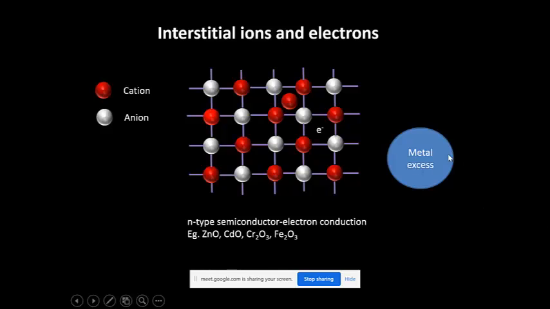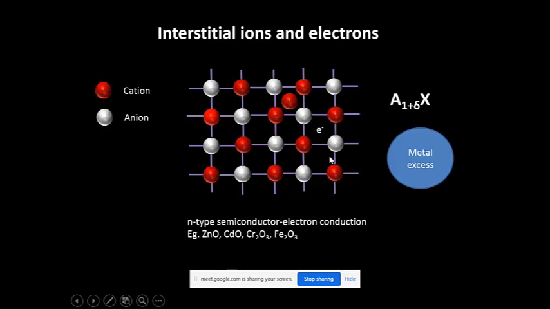Similarly, a metal can be present in an interstitial position. When there is an excess of metal in the interstitial position, there will be an electron at another interstitial position to maintain electrical neutrality.